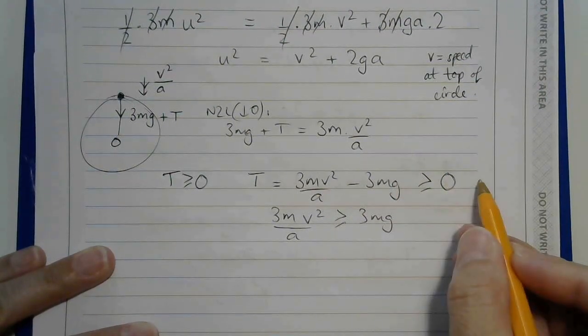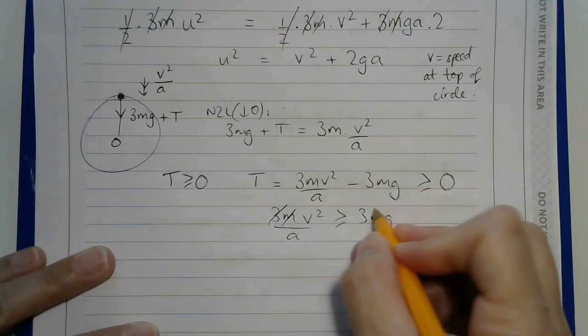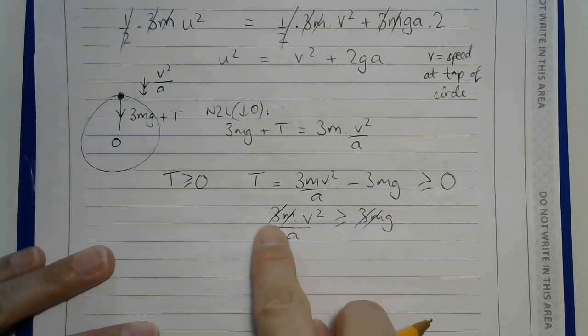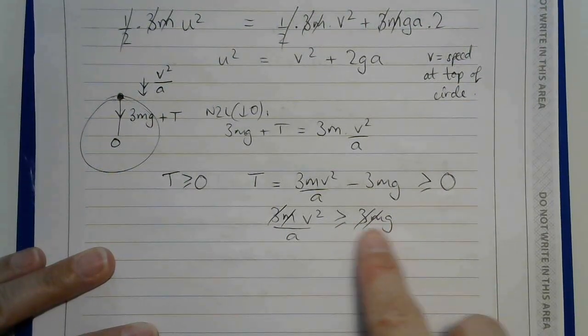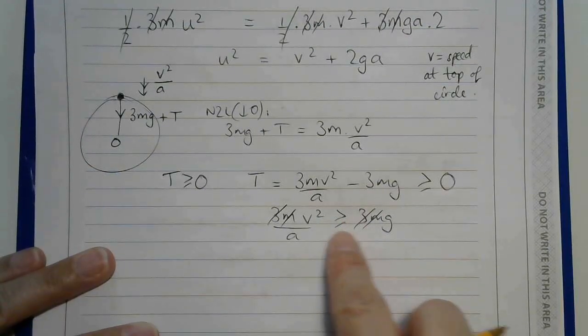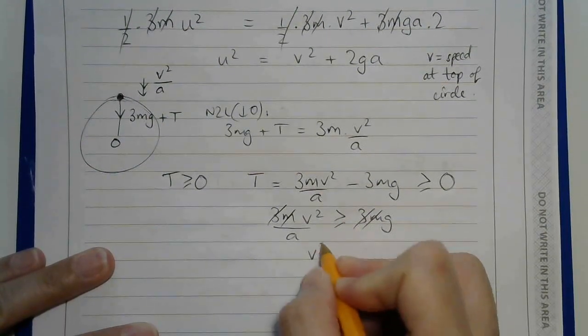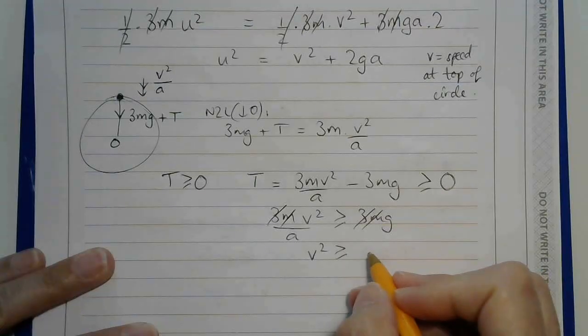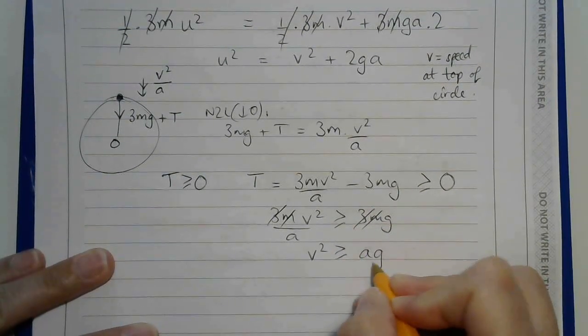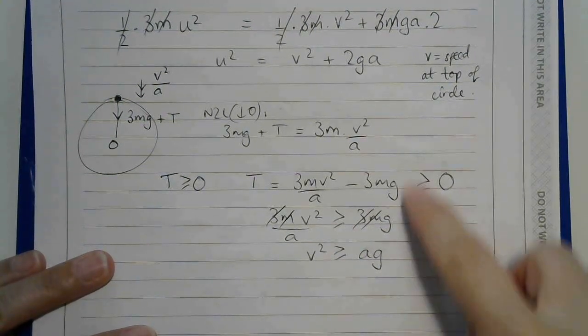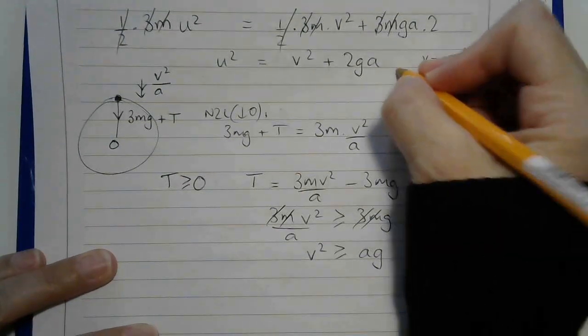By adding 3mg to both sides, I can divide both sides by 3m. 3m is definitely positive, so there's no problem with the inequality sign, and so v squared will be bigger than or equal to ag.